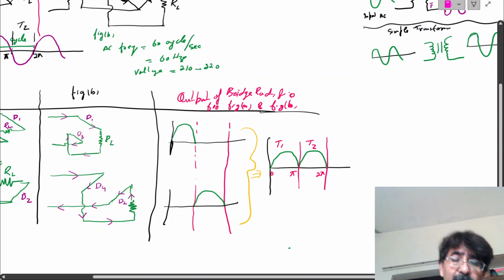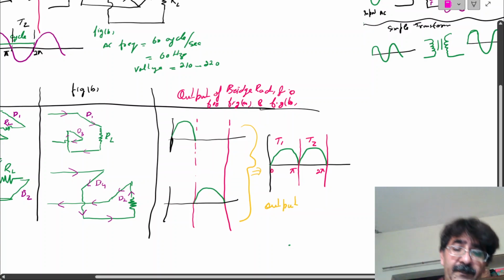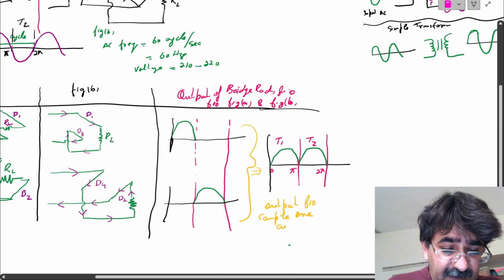Output for one complete cycle T, which is divided into two parts, T1 and T2, 0 to 2 pi.